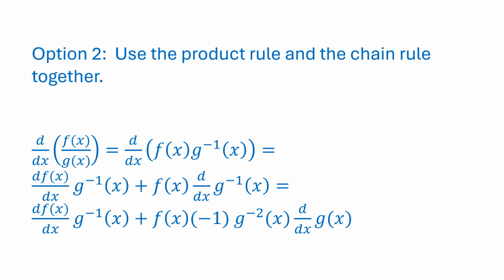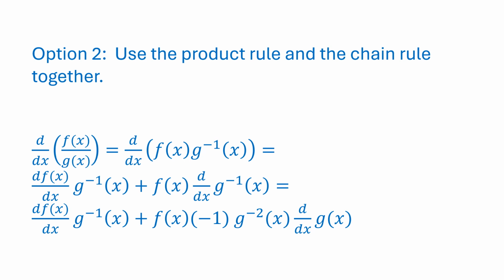Option 2, the product rule and chain rule used together. The derivative of f of x over g of x is the derivative of the first function times the denominator function raised to the negative first power.